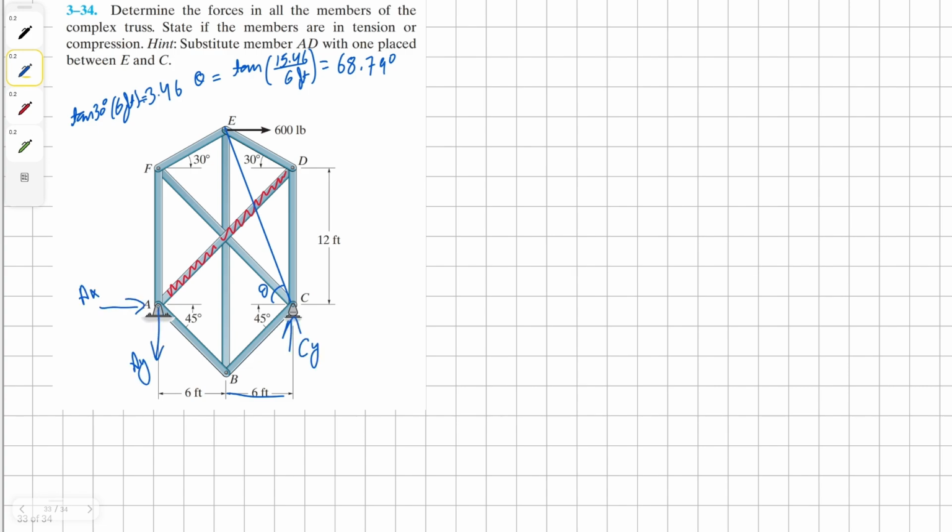We can find our x-axis by simply adding forces along the horizontal line. So this is simply going to be 600 pounds minus Ax all equals to 0. And our Ax is 600 pounds.